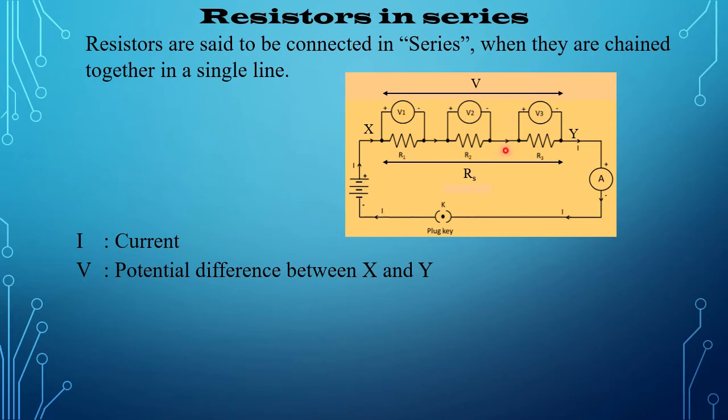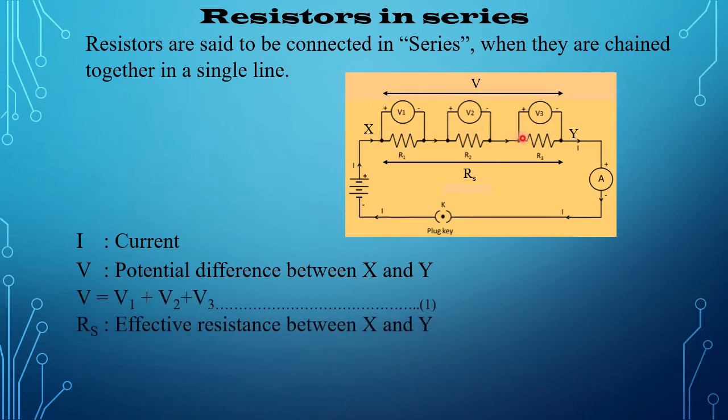Therefore, V is the potential difference between the points X and Y. So, we can write V is equal to V1 plus V2 plus V3.